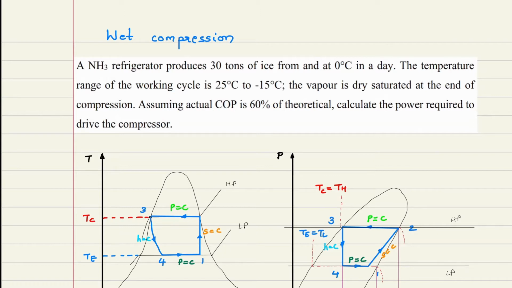Because for point 3 nothing is given, we are assuming point 3 is on the saturated liquid curve. Point 2 data is given, from there we can get point 1. It will be wet. And for point 3 nothing has been given, so point 3 will be on the saturated liquid curve. Okay, so from this data we can draw the pH and TH diagram.